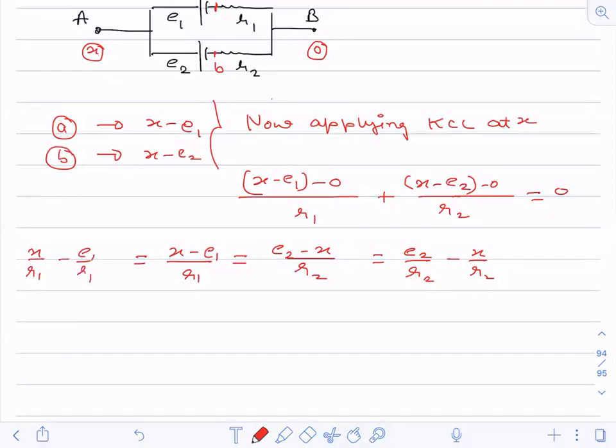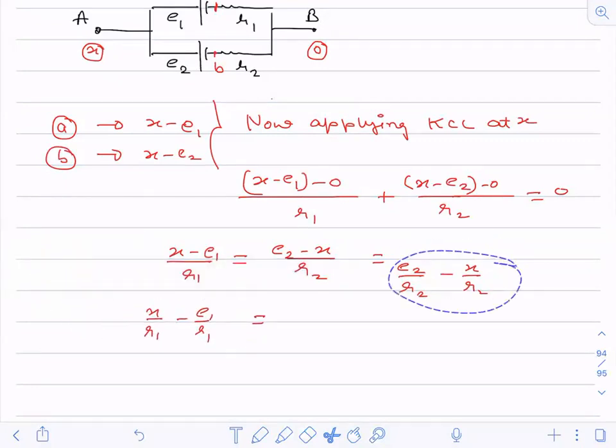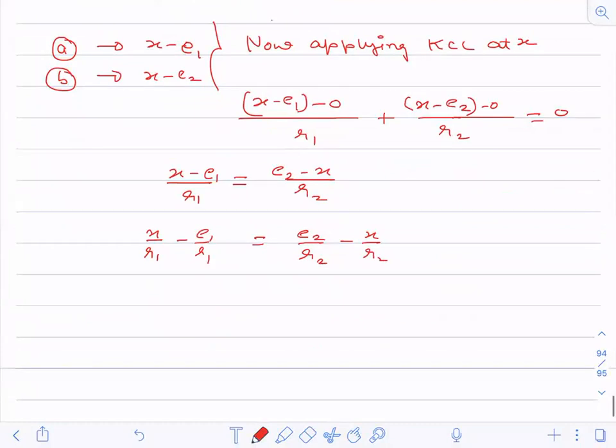Now taking this term on the left hand side, X by R1 plus X by R2 is equal to E2 by R2 plus E1 by R1.